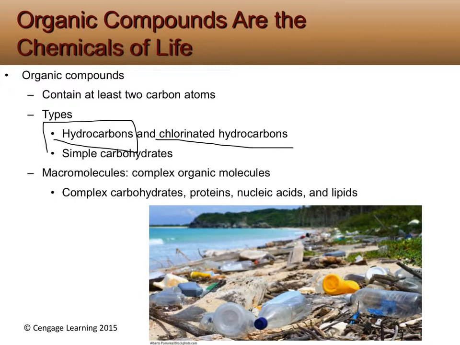Macromolecules are complex organic molecules, things like carbohydrates, proteins, nucleic acids, and lipids. Those are the macromolecules that we need to survive. You can see a little picture down there of hydrocarbons. One thing people don't realize is that plastic bottle right there is actually made up of oil, so without oil we would not have that. That's the end of part 1 for chapter 2.